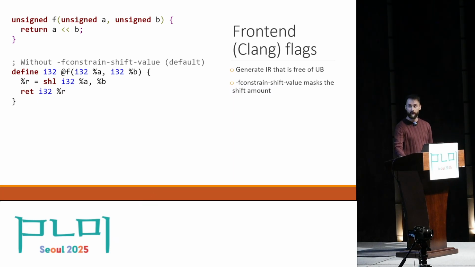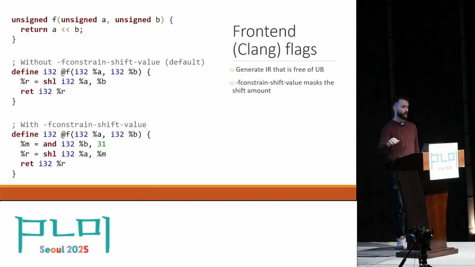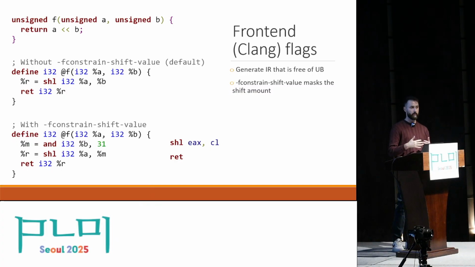So to protect against that, we add an extra instruction, an AND instruction, to make sure that B is always in the defined behavior range. On architectures like x86, this doesn't have any binary performance impact because we are basically encoding the same assumption in the IR and in the assembly code. That is, use only the 5 bits of the shift amount.